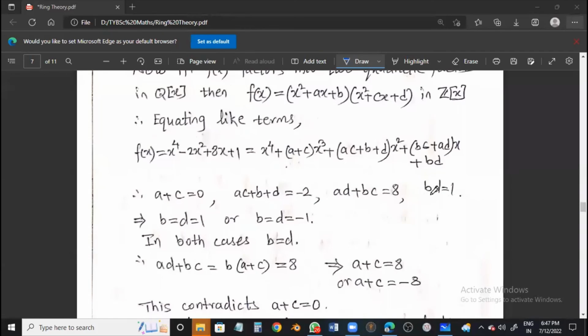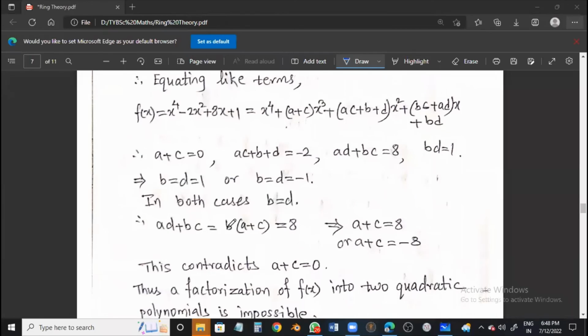bd must be 1. If b into d is 1, and b and d are both integers, then either b and d are both 1 or both are minus 1, but in any case both are equal. If they are equal, I can write ad plus bc as ab plus bc. Anyway, I have taken b common. I'm left inside with a plus c.